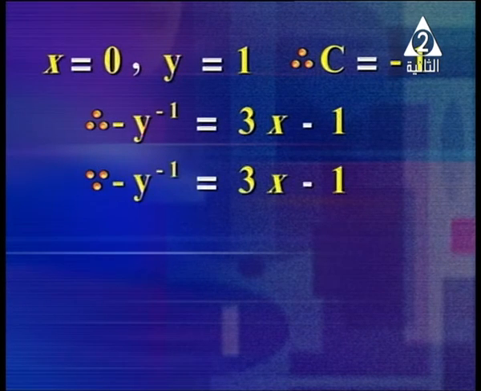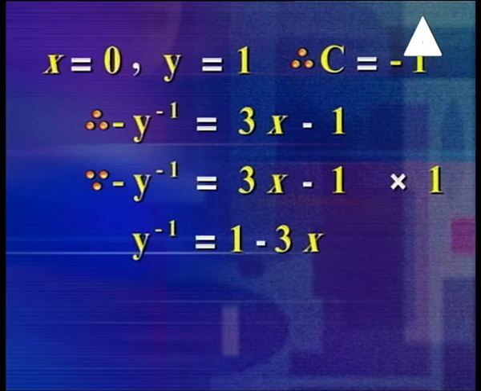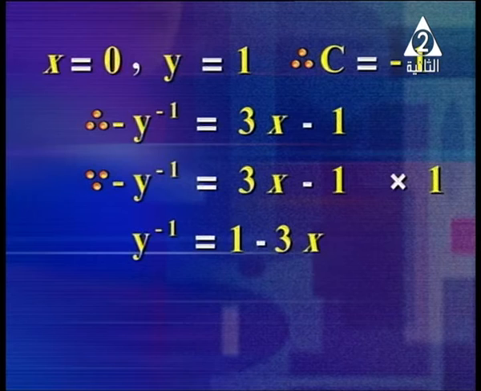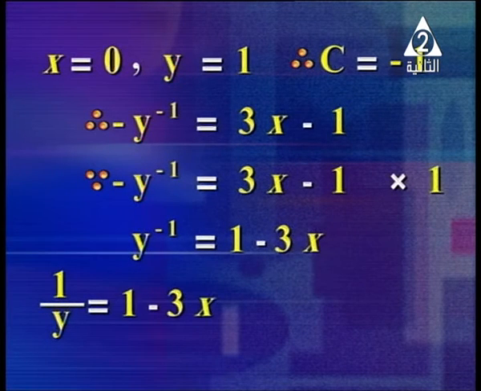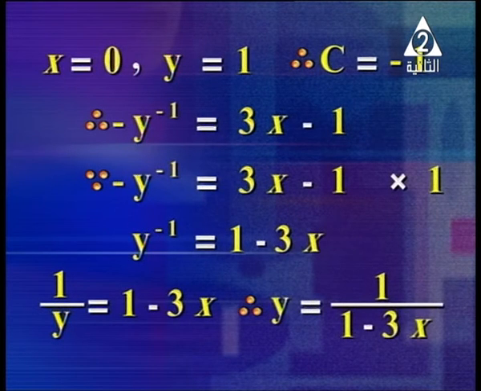Then y to the power negative 1 equals 1 minus 3x. Then 1 over y equals 1 minus 3x, so y equals 1 over 1 minus 3x. This is the equation between x and y.